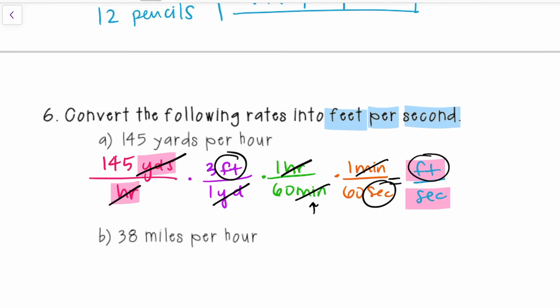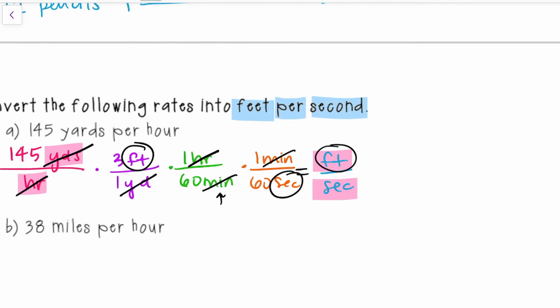Now I'm just multiplying fractions. When we multiply fractions, we multiply across the top and across the bottom, and we just divide. Across the top, I've got 145 times 3 times 1 times 1. In my calculator, I'll type in 145 times 3, and I get 435. Divided by, I've got 1 hour, 1, 60 and 60.